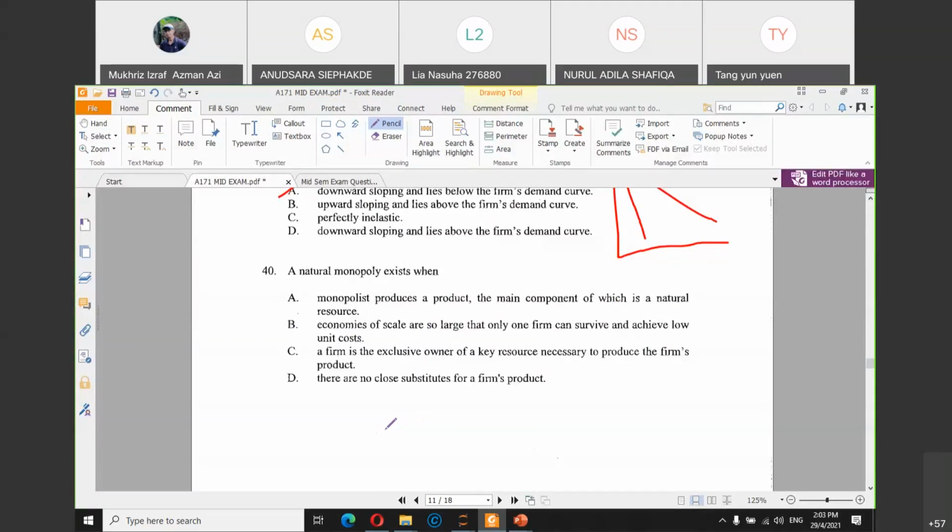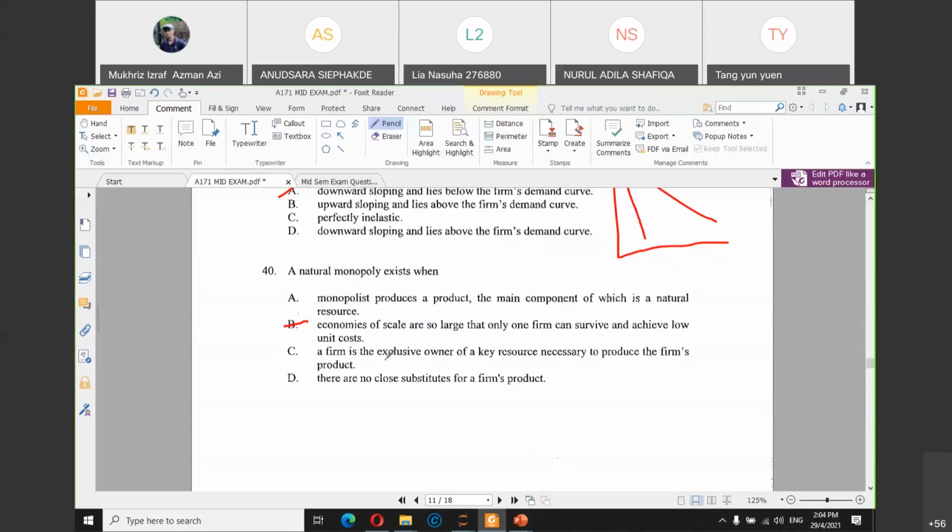you can refer to the slide just now where we discussed what is natural monopoly. So it should be B: economies of scale are so large that only one firm can survive and achieve low unit cost.